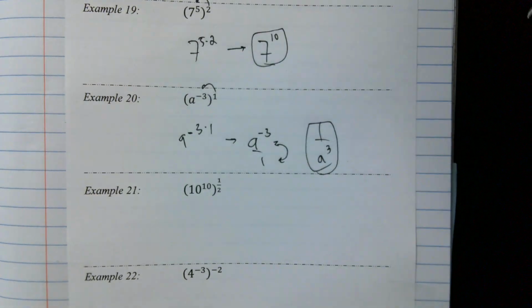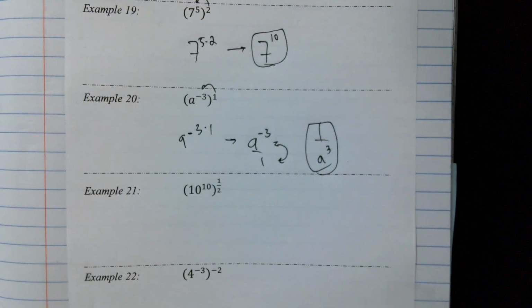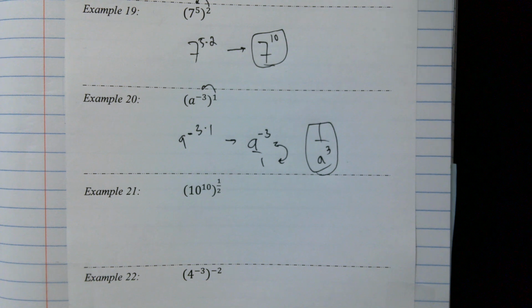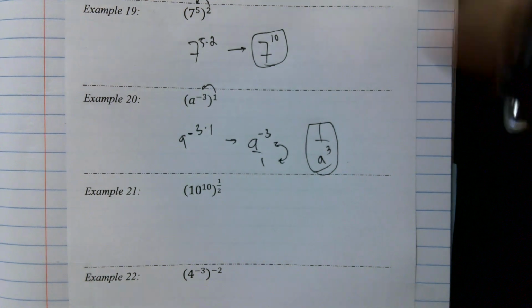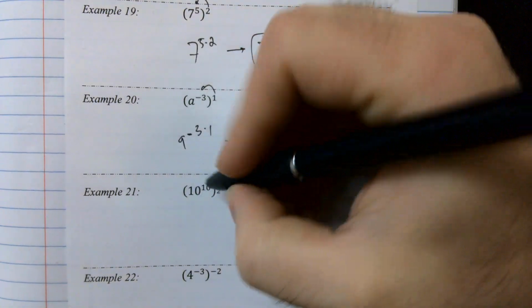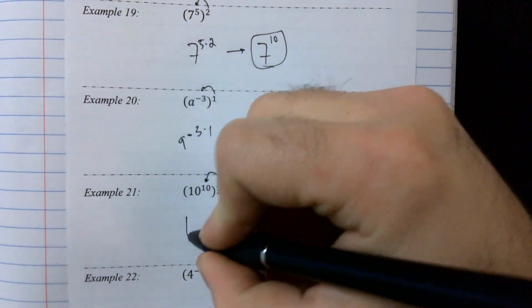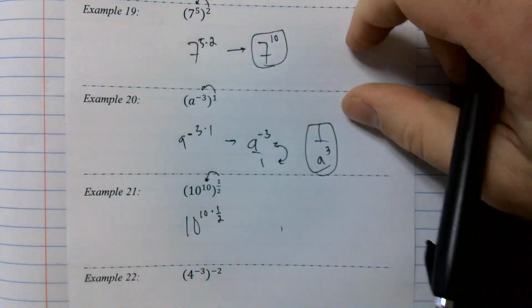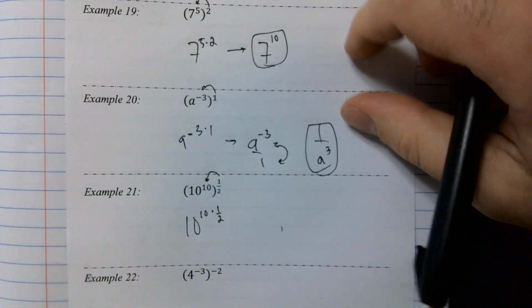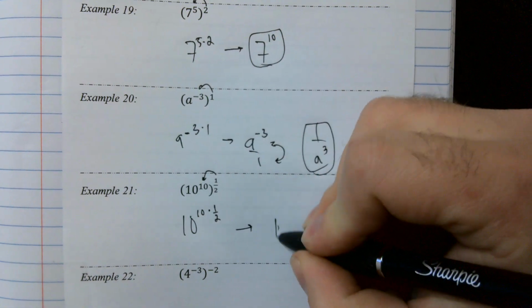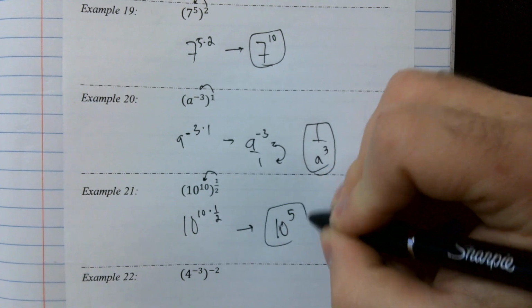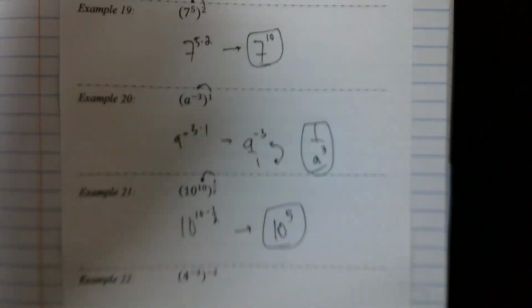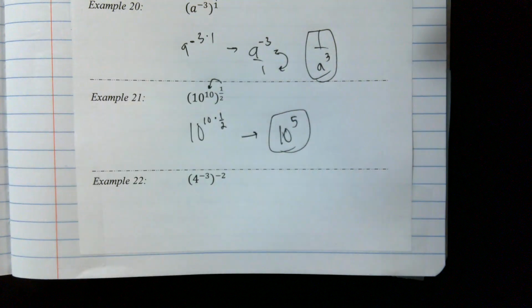Now 21 is interesting. What's my outside exponent on number 21? 1/2. So when I distribute that 1/2 to my inner exponent, now I've got 10 times 1/2. What's 10 times 1/2? 5. 10 to the power of 5.